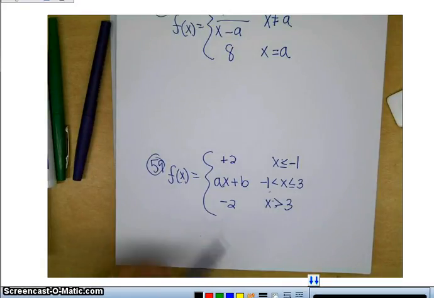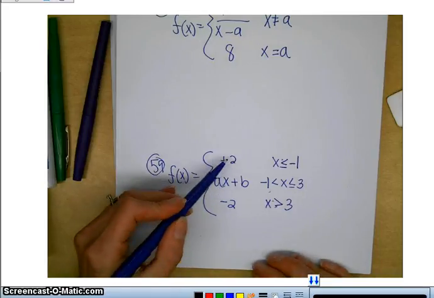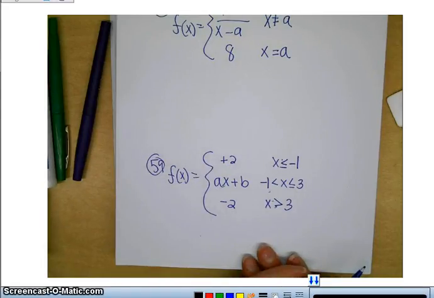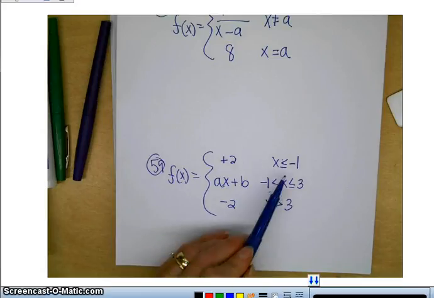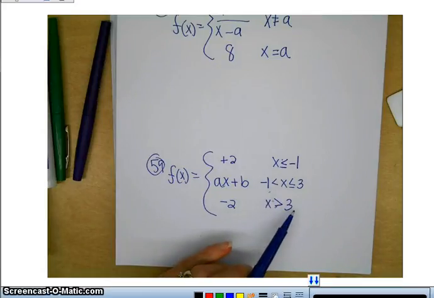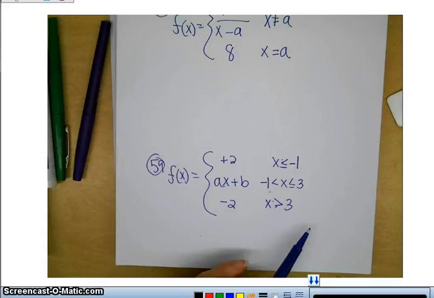In order to make this a continuous function, what has to happen with all of these parts? They have to line up. The y values of the graphs have to line up. But what are the numbers where they may not line up? Negative 1 and 3. It just so happens that there's 2 places instead of 1 where they may not line up. But does that make it a problem that we have to skip?